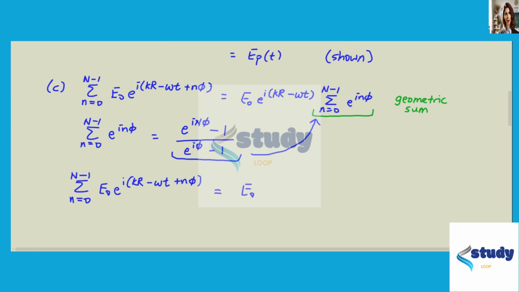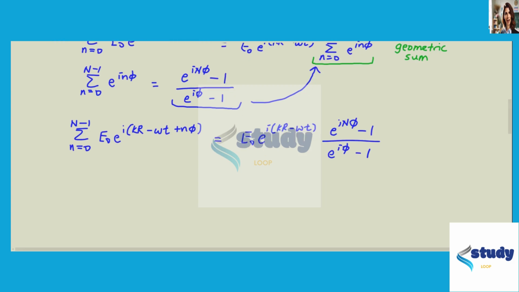E naught e to the i(kr minus omega t), times e to the i n phi minus 1, divided by e to the i phi minus 1. Okay, and then we can pull out some terms.